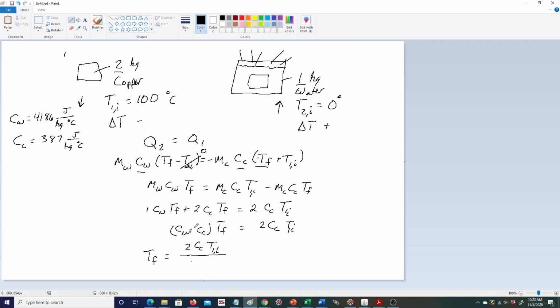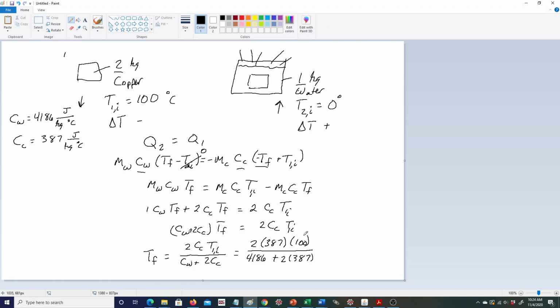Plus 2. So CW plus 2CC. So this is going to be 2 times 387 times 100. And this is going to be divided by 4,186 plus 2 times 387.